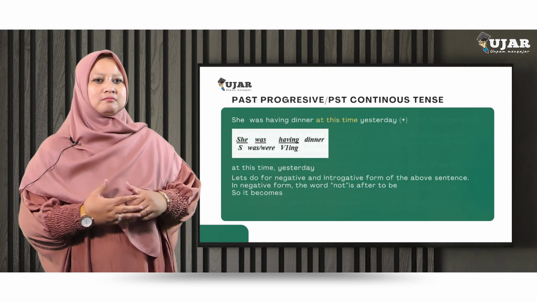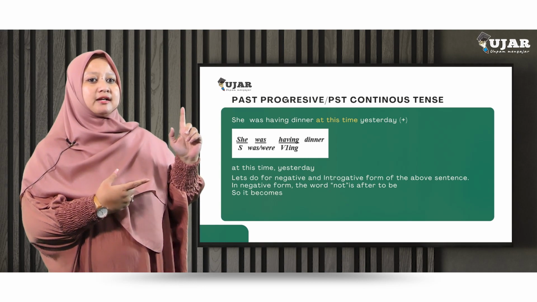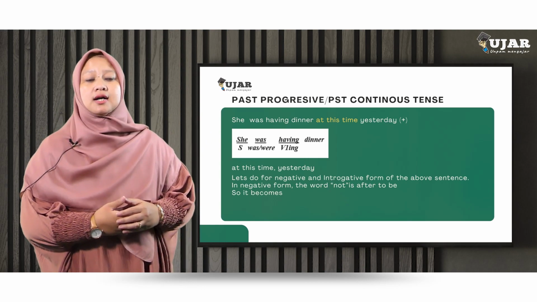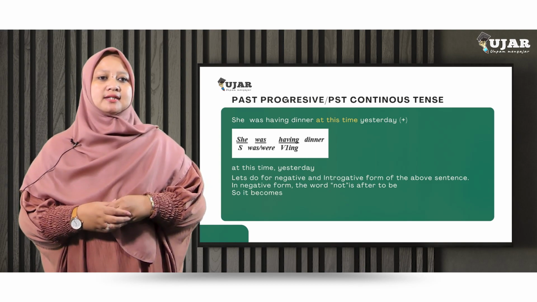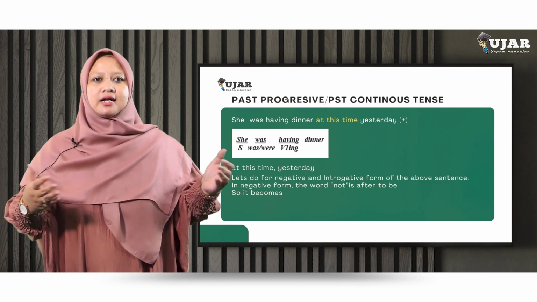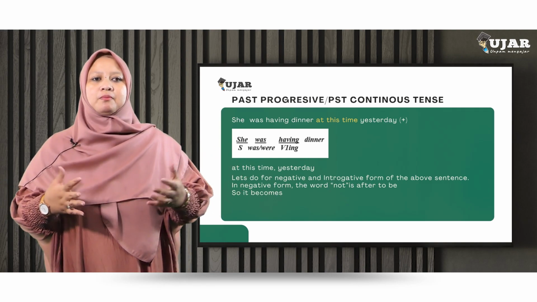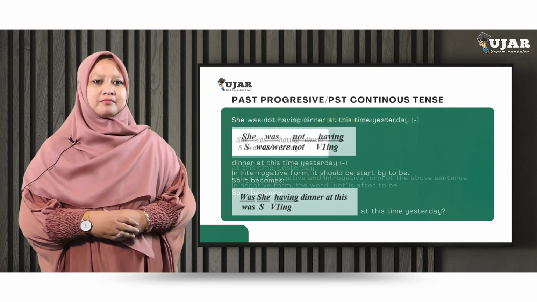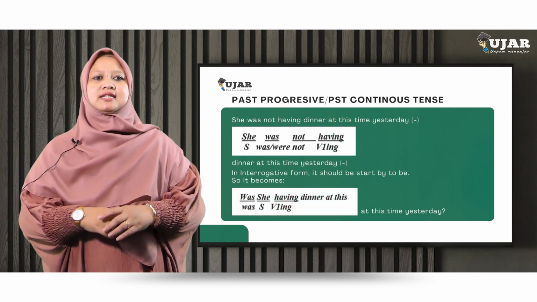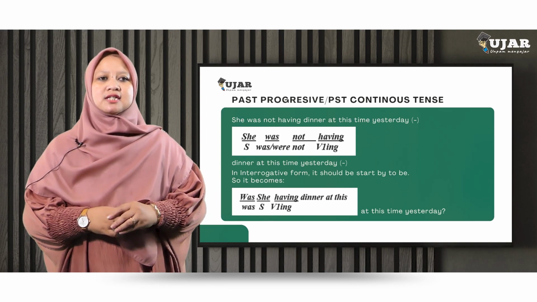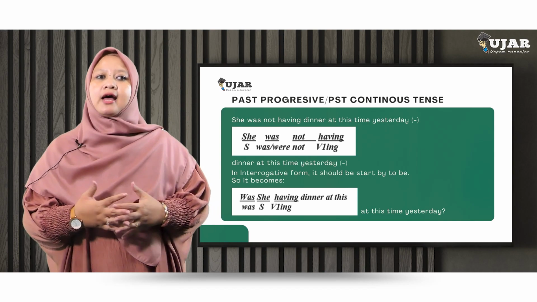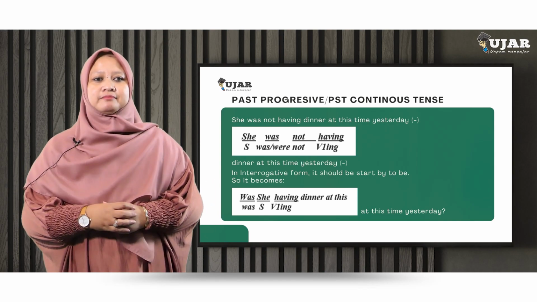Take a look at the form. Yes. Subject plus auxiliary verb was or were plus verb 1 plus ing. Let's use the negative and interrogative forms of the above sentence. In negative form, the word not is after to be or auxiliary verb. So it becomes, she was not having dinner at this time yesterday.